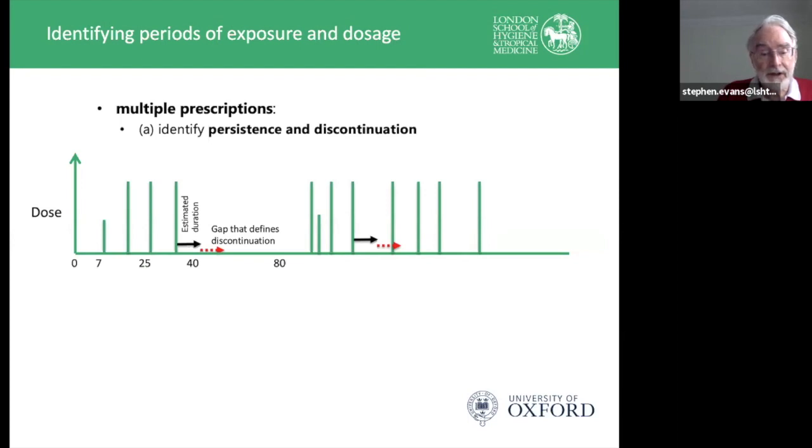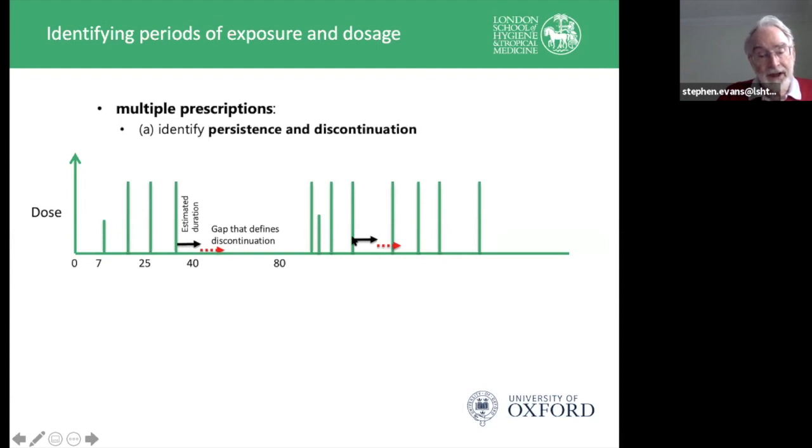And there might be a gap in the prescription that defines a discontinuation. And so the first gap that we have is one that has quite a long gap that is more than 40 days, probably something like 60 days. And that implies that they have stopped taking it during that time.